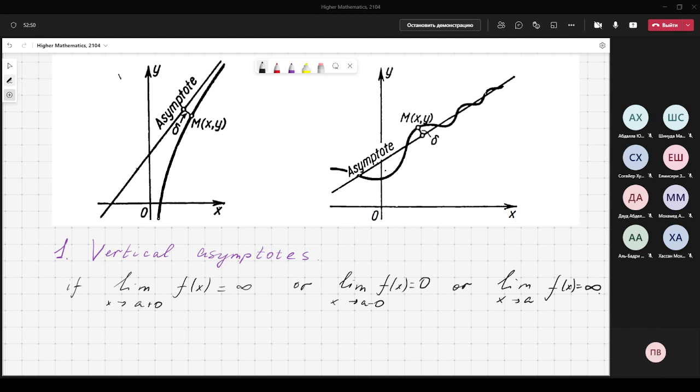For example, Example 1. The curve y equals 2 over x minus 5 has a vertical asymptote x equals 5, since y approaches infinity as x approaches 5.